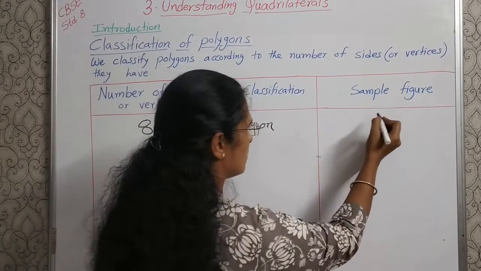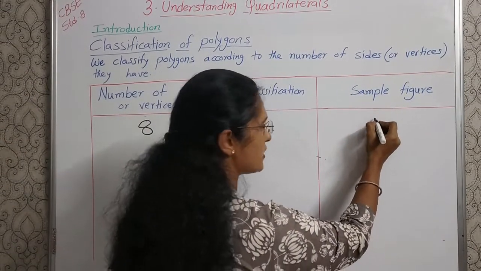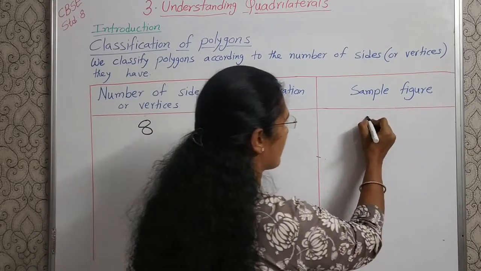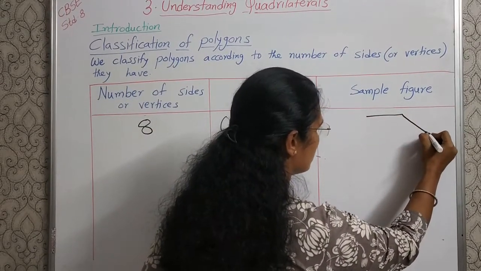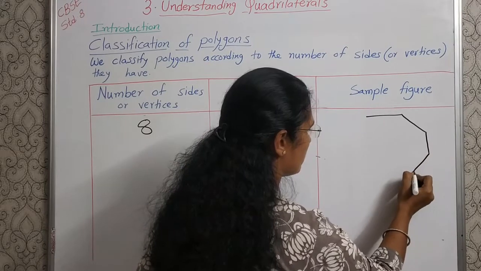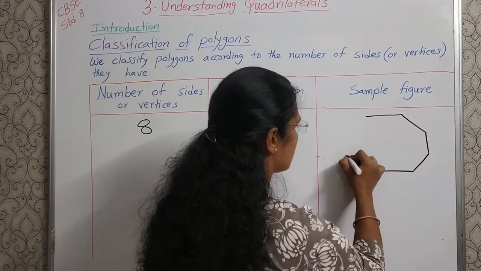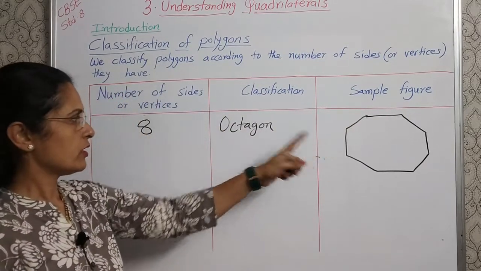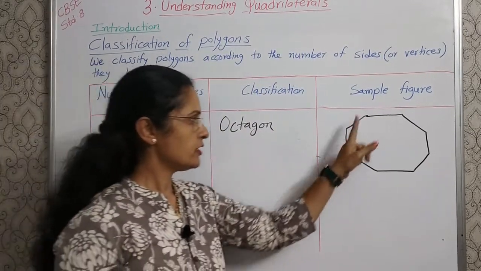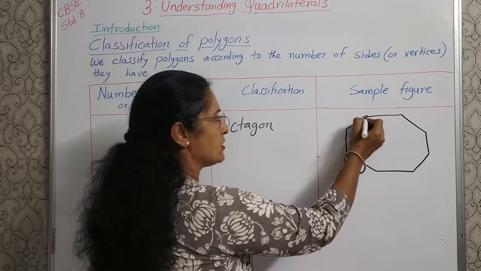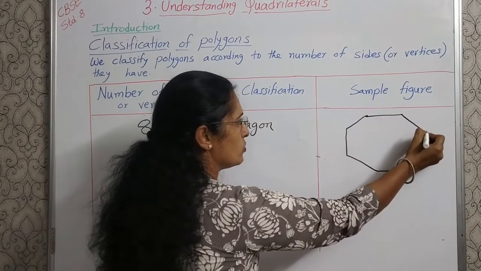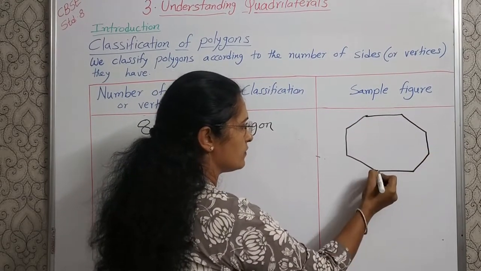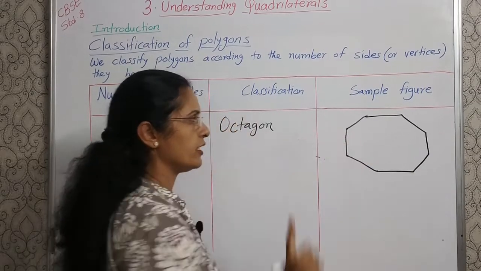Now how to draw the figure with 8 sides and 8 vertices? 1, 2, 3, 4, 5, 6, 7, 8. So this is an octagon, an 8-sided figure, with 8 sides and 8 vertices. Total 8 vertices are there.